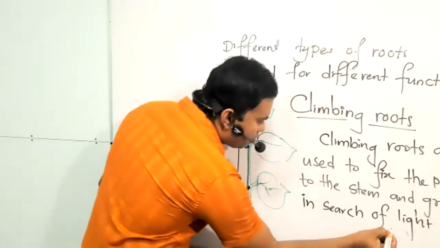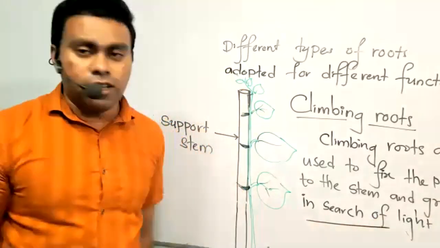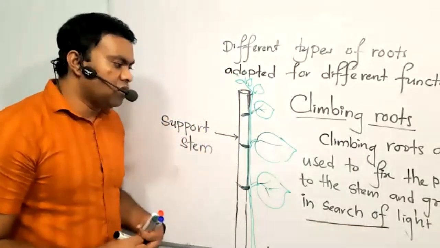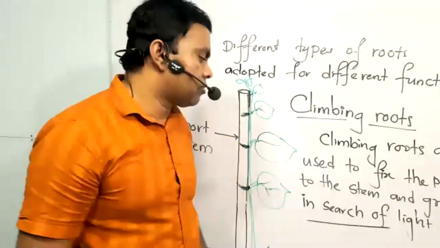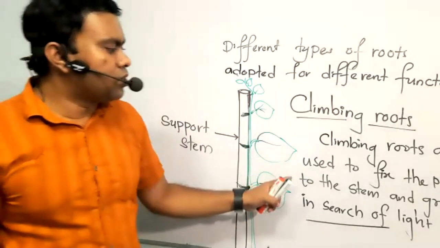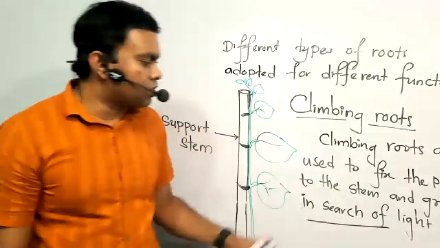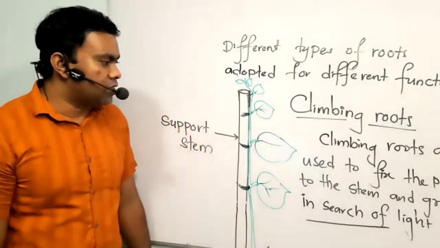So what does it mean by in search of light? Don't underline it, okay? In search of light. Climbing roots are used to fix the plants to the stem and grow up in search of light.